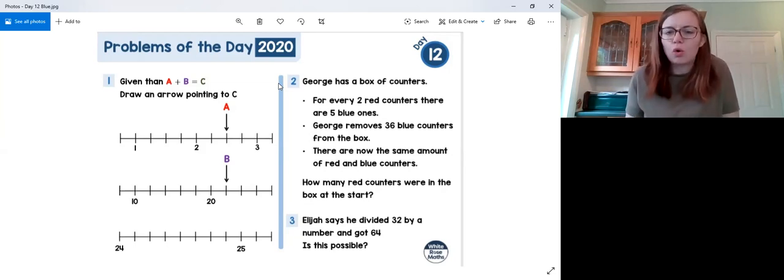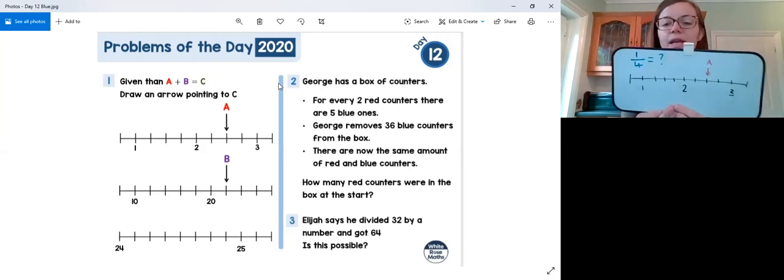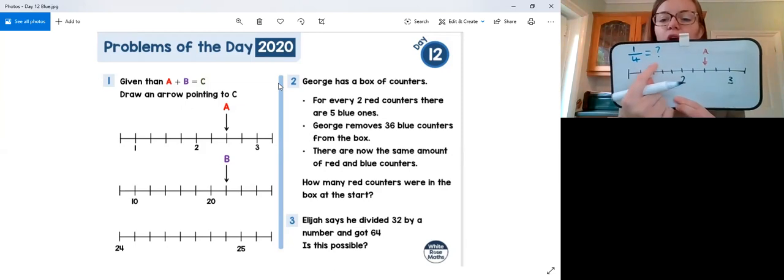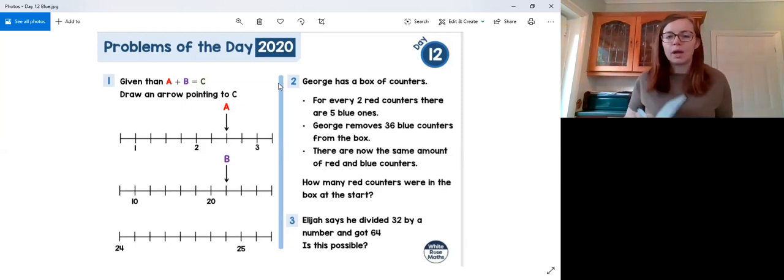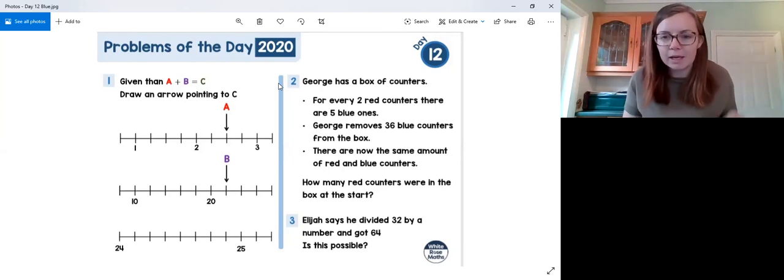But if we're not sure, let's think about it as each of those 4 hops is equal to a whole unit.